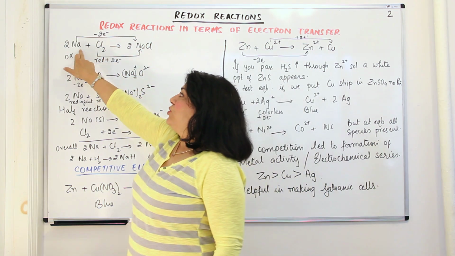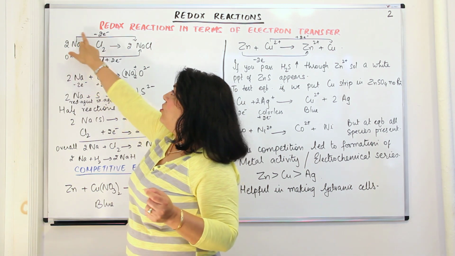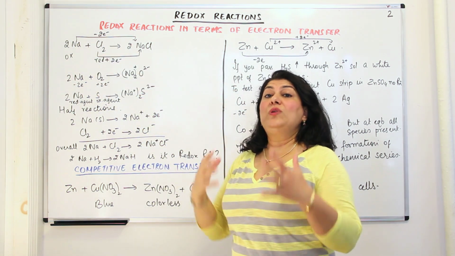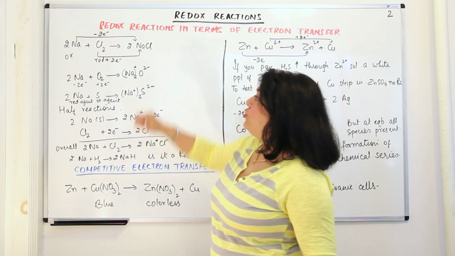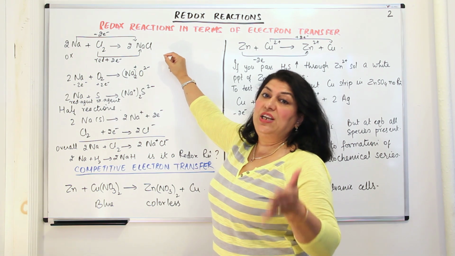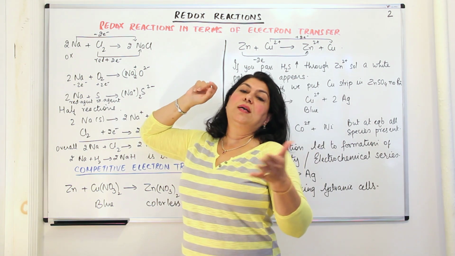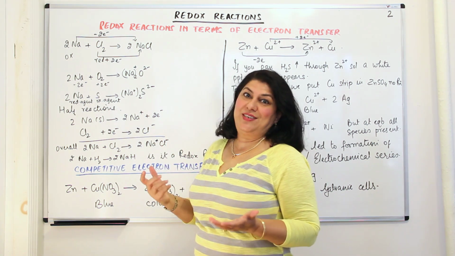If you have two sodiums, each sodium atom loses one electron, so there's a loss of two electrons, and only when the atom loses electrons does it acquire a positive charge. So you get two sodium ions which are positively charged by the loss of two electrons. Each sodium atom loses an electron, and loss of electrons is oxidation.